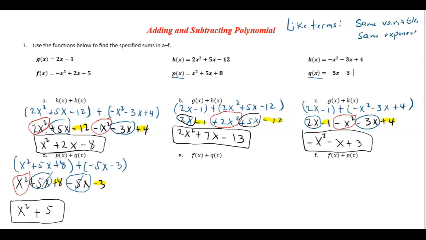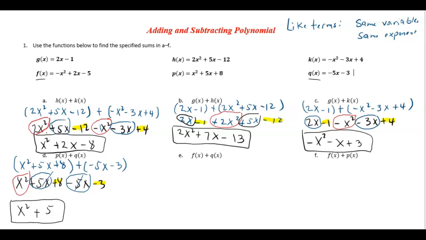Next question. Here we got f of x plus q of x. F of x is right here, and q of x is over there. Again, f of x is a trinomial, q of x is a binomial.